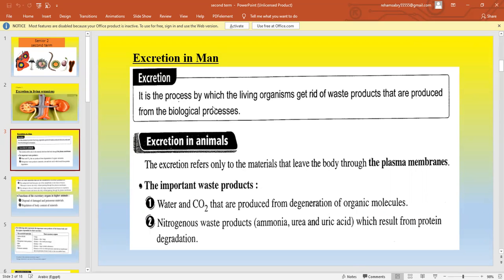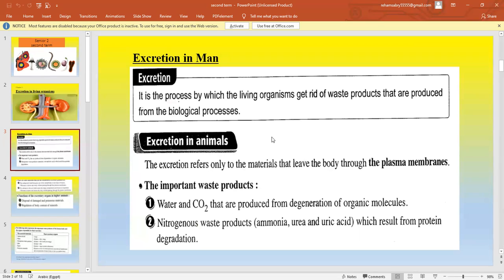These biological processes produce biological wastes, and I must get rid of them. Why? Because if these wastes accumulate in my body, its function will stop, and the body may get hurt and die.